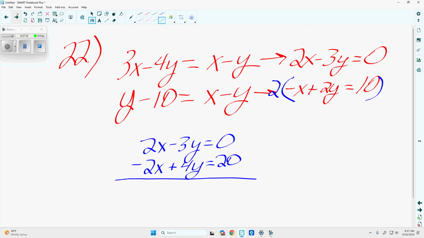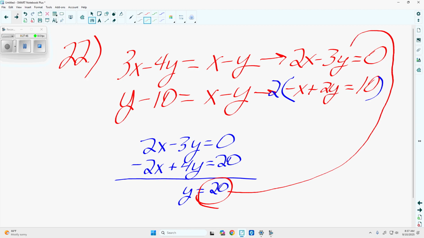And I get y equals 20. Okay, then take that 20 and plug it back in. So that would be 2x minus 60, because that's 3 times 20, equals 0. So that'd be 2x equals 60, and x equals 30.